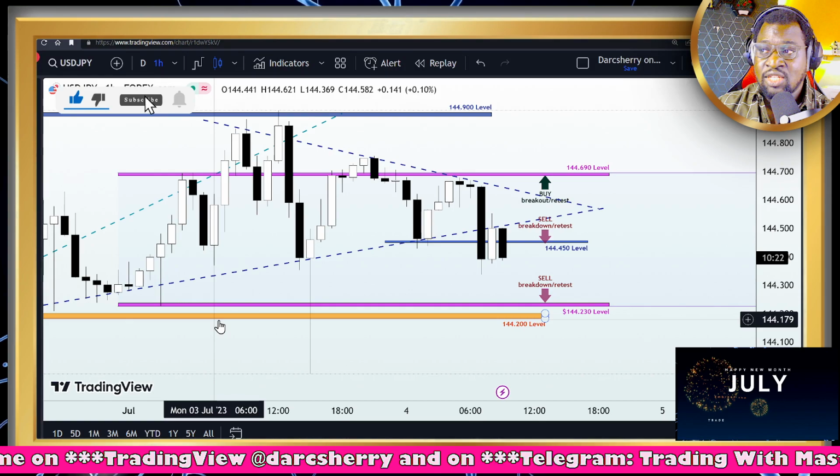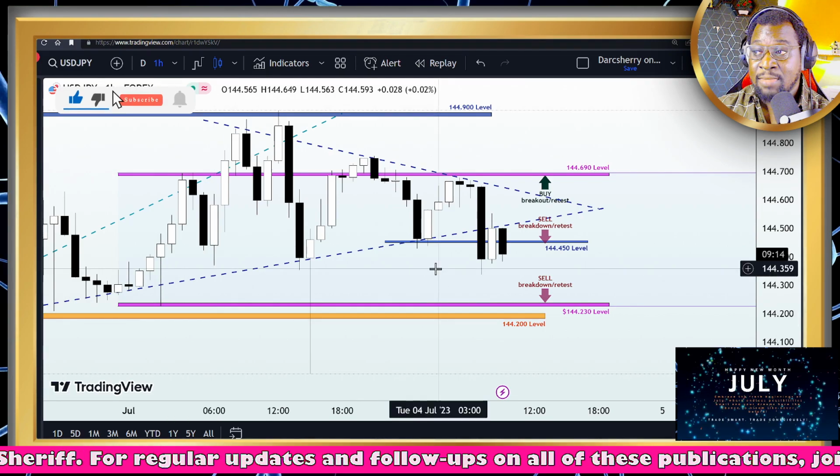So this morning I was able to identify some levels here, and one of the levels is the 144.450. That is one. And then I was able to connect the series of higher lows here since the beginning of this week to give us an ascending trend line to work with for today.